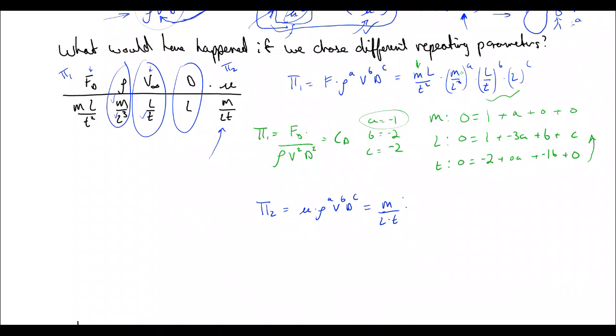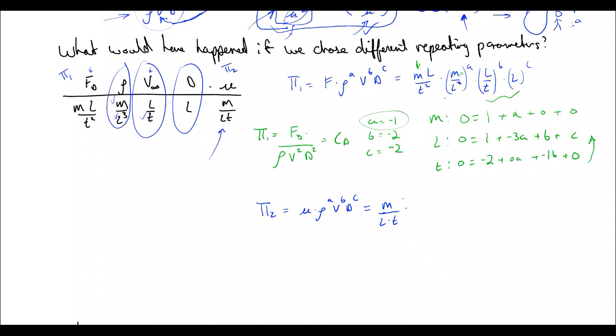This is why it's called repeating parameters. Everything's copied from this section right here, so we can just write it down. Mass per length cubed to the a, length over time to the b, and length to the c.